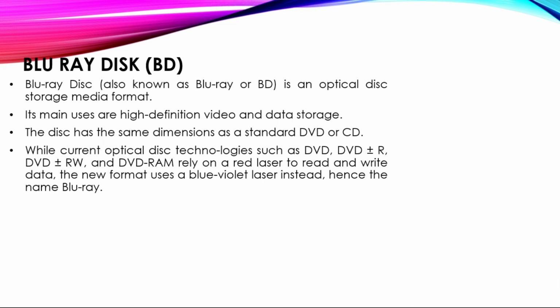Currently, optical discs, that is your DVDs, rely on a red laser to read and write data. But the new format uses a blue-violet laser instead, hence it is named Blu-ray disc. Your Blu-ray disc uses a blue-violet laser, whereas your DVD uses a red laser. This is the difference between your DVD and Blu-ray disc.